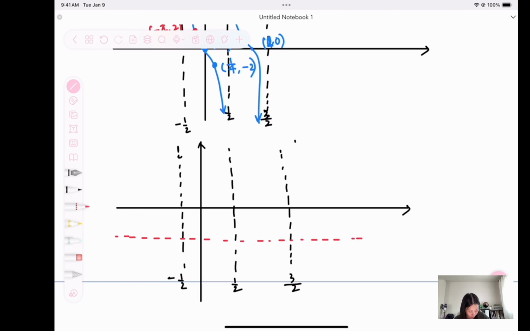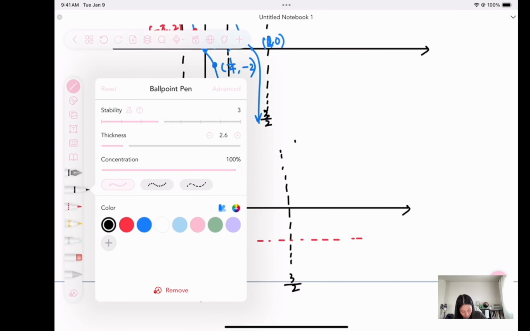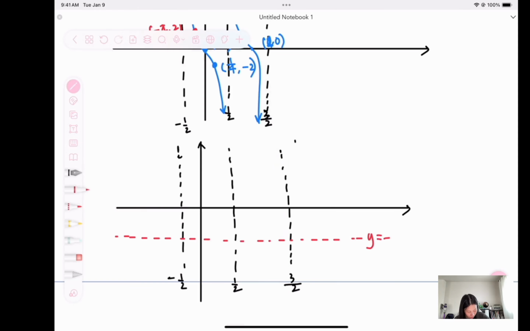So here should be y equals -1. So this has become the center. Now let's label everything. So the center from 0, 0 becomes 0 and then -1. And in here, it will become 1, -1. Good. Labeling this will help you to draw the graph. And now the midpoint. So the midpoint also -1.